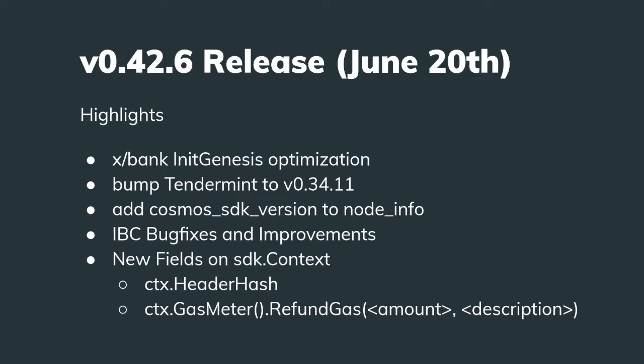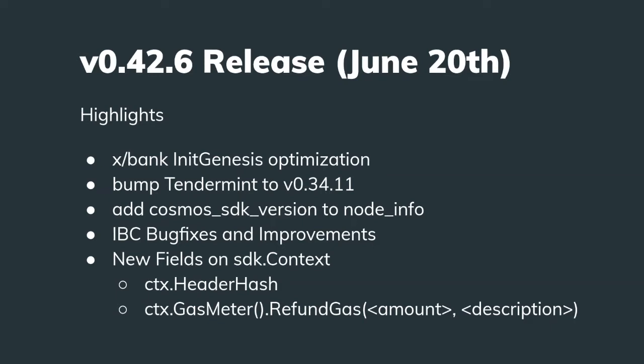IBC's export Genesis now exports all fields as well, including previously missing next client sequence, next connection sequence, and next channel sequence. There's also a new subcommand, query IBC transfer escrow address. This can be used to get the escrow address for a channel.